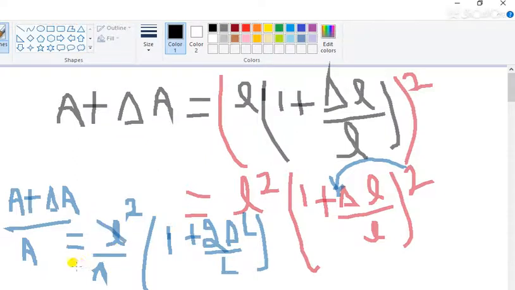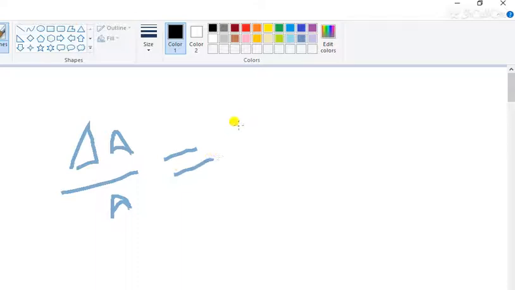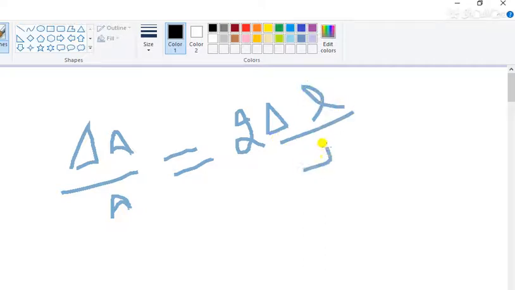So in short, if I say error, then you can get delta A by A is equal to 2 times delta L by L. So this is the use of binomial expansion, that if there is any power like L square, then that power will be multiplied here.